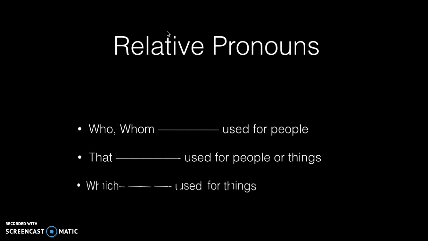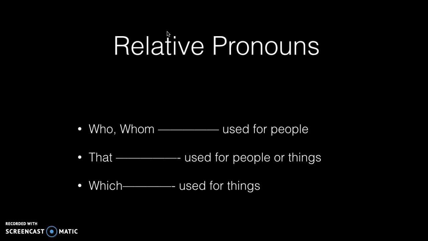Now, in order to identify adjective clauses, we can find a lot of times that these adjective clauses start off with a relative pronoun. The four common relative pronouns that these adjective clauses begin with are who, whom, that, and which.